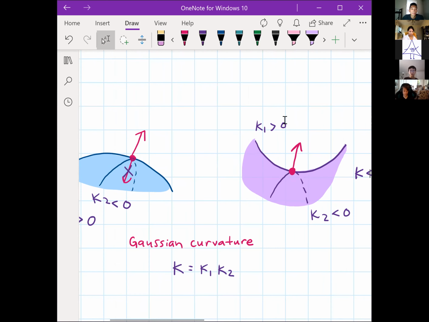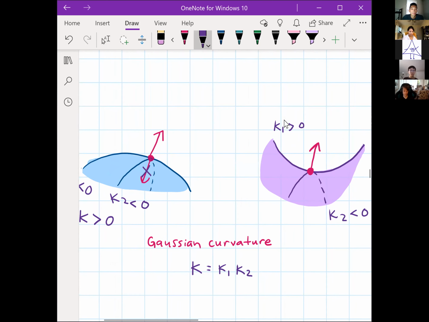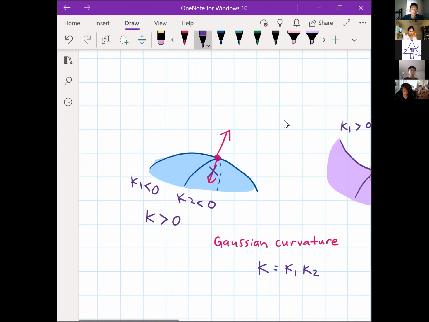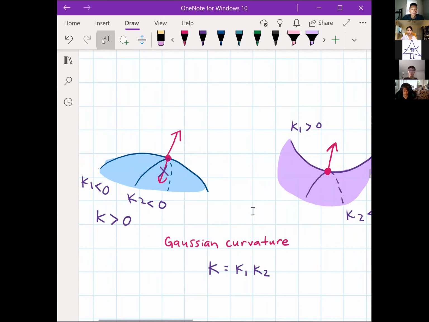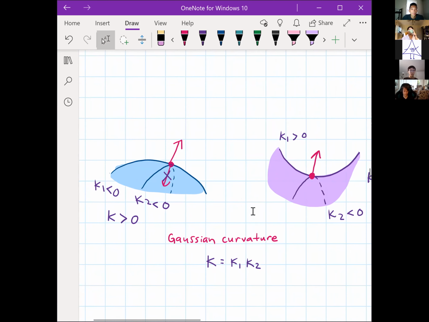It turns out that it doesn't really matter which direction we chose for our normal vector. If we had instead chosen our normal to point the other way, then in this case K1 and K2 would both be positive, so the product will still be positive. In the end, the signs all end up being okay.